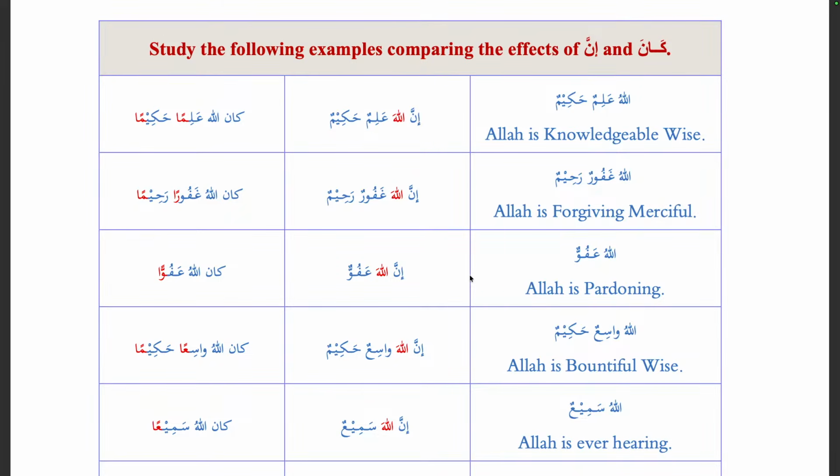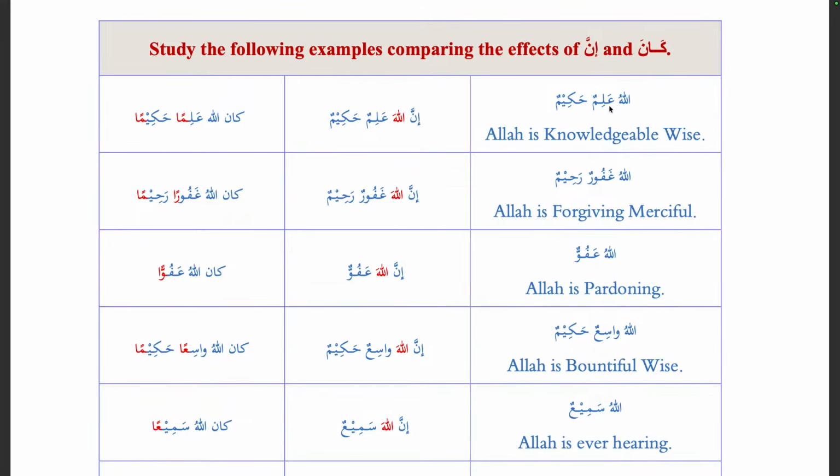Inna has the opposite effect of kana. Inna makes the subject mansub, meaning it takes fatha as a default. Kana makes the predicate mansub, meaning the information takes fatha.